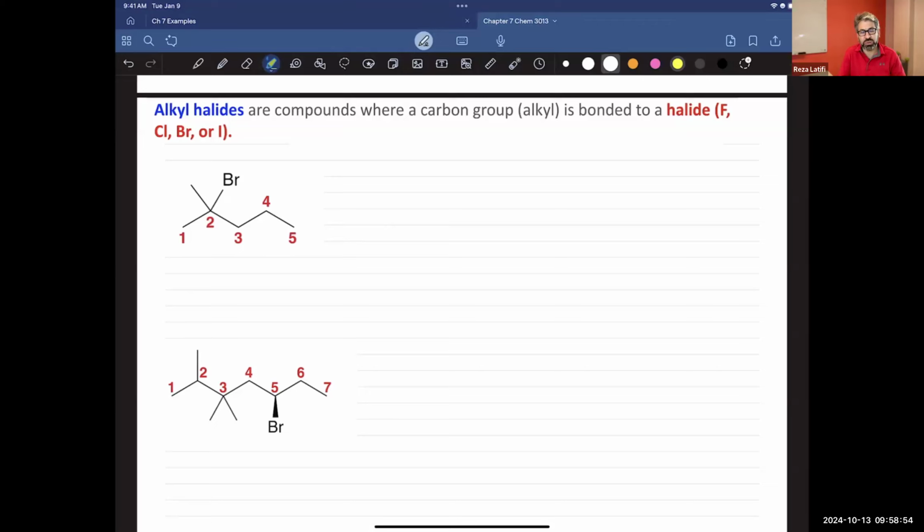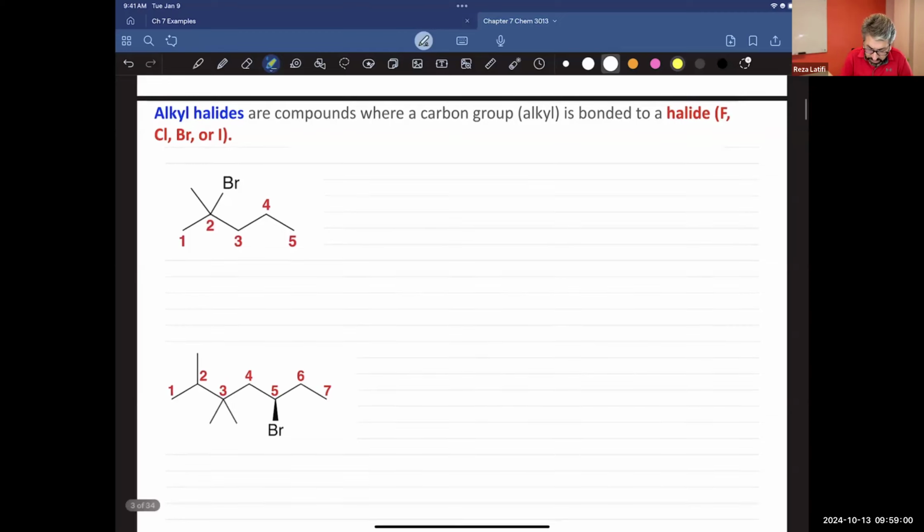So the first thing that we need to do is learn how to name this compound. In this case, the main chain will be that one, so that's going to be the parent chain. It has 5 carbons, so it will be pentane. I have two substituents attached to it: one is bromine, and the second is methyl.